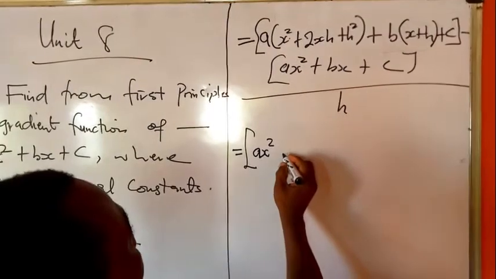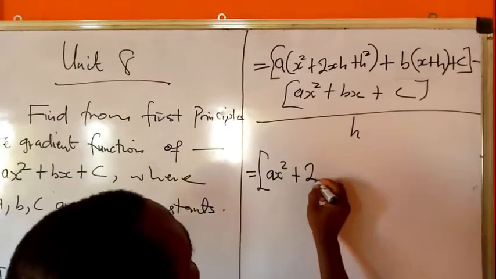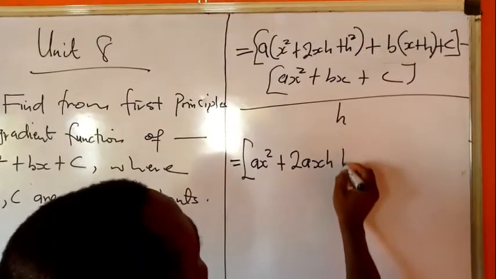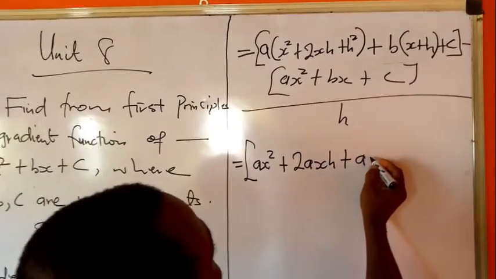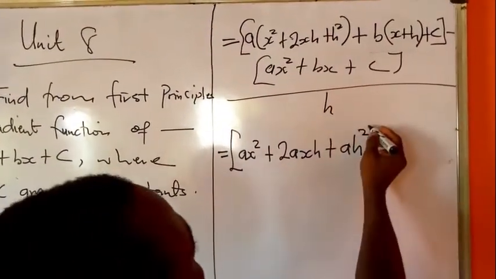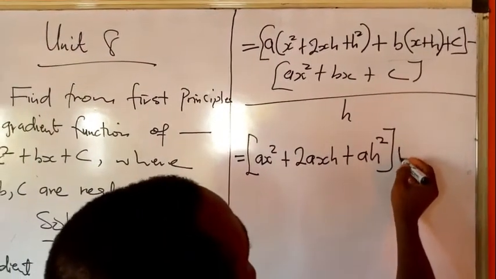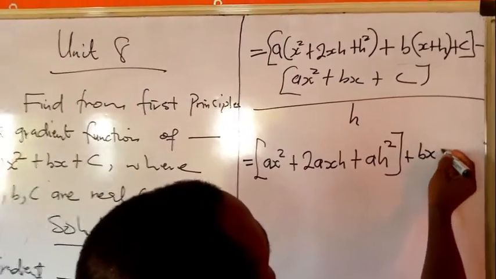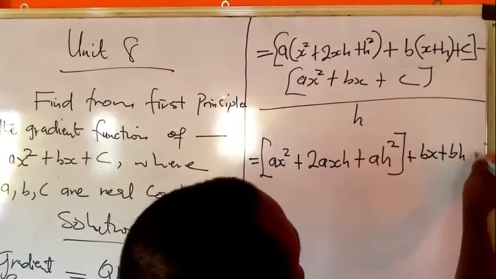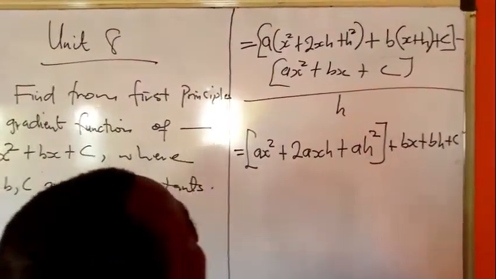If we do the expansion, you are going to get ax squared plus 2axh plus ah squared. So that's what you are getting. Put your bracket. Expand this, come to plus bx plus bh plus c.